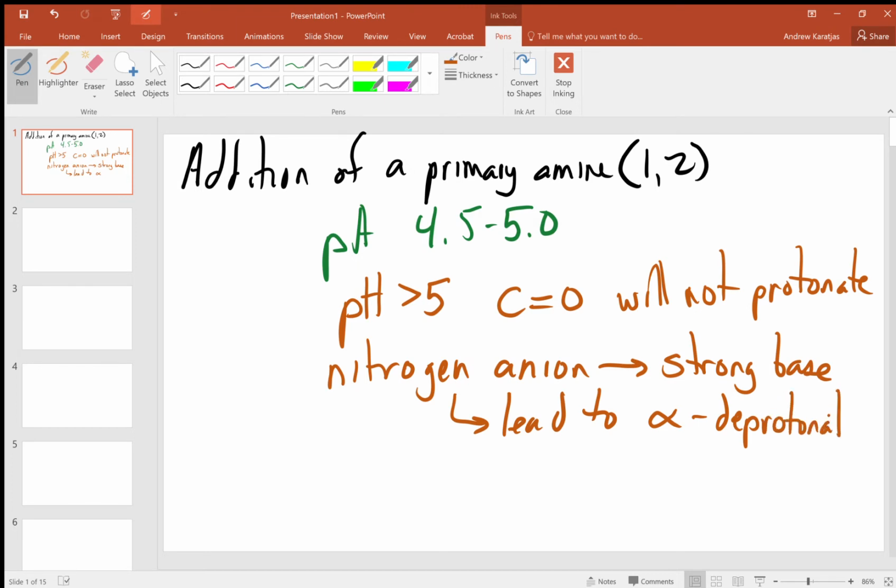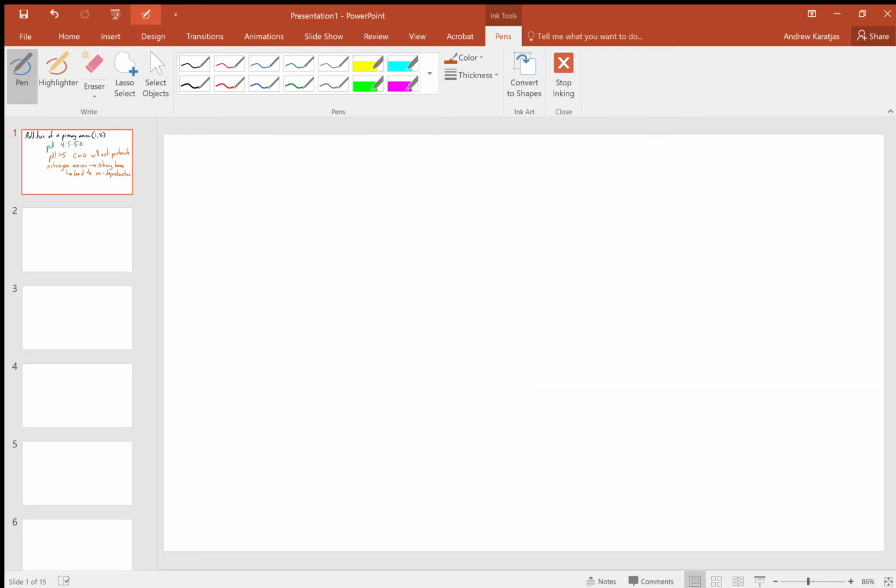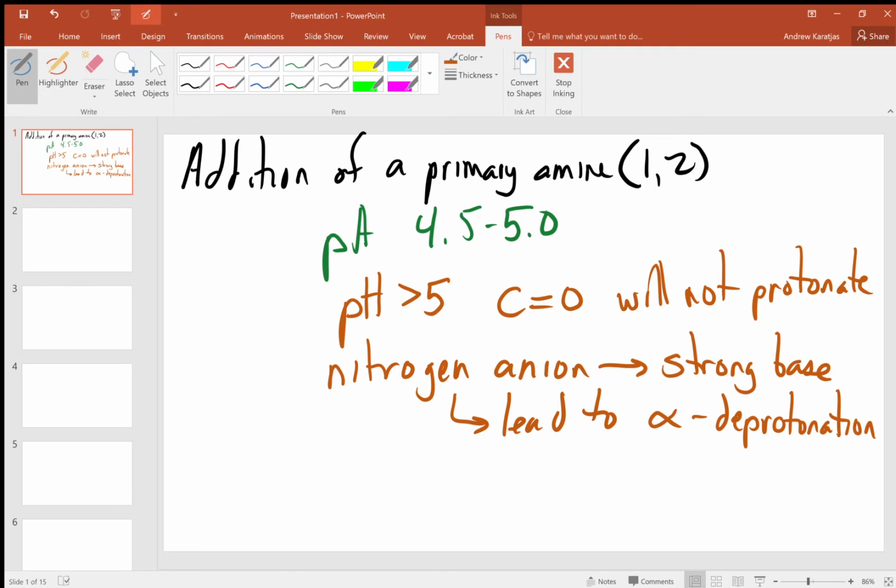In fact, if you're familiar with alpha substitution reactions, such as alkylation reactions, then you may know that amine bases, such as LDA, are commonly used for that reaction. So we have to stick with the neutral amine as our nucleophile.